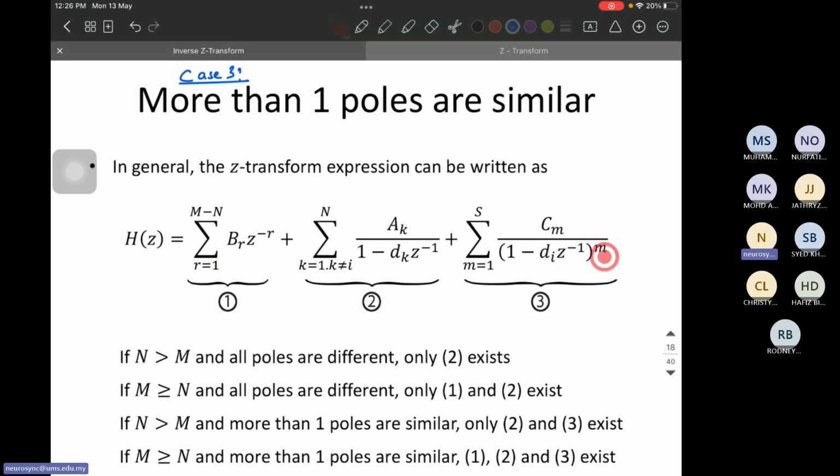So if this is 2, and d_i has some value, suppose 1 minus 2 z to the power minus 1, to the power 2. Then there are two poles at the location z equal to 2. Correct? So this is the case where two or more similar poles are there in the system. Now this is the general form.